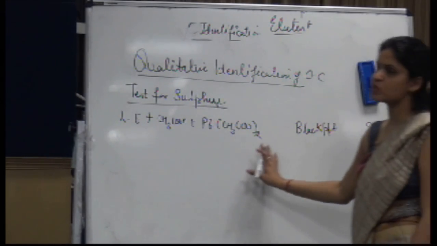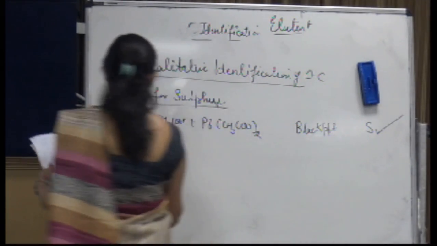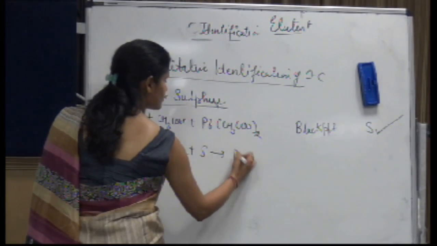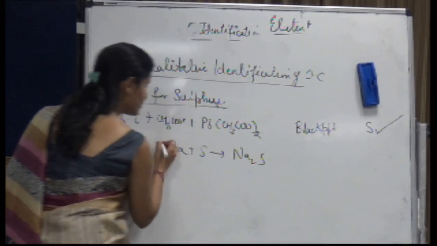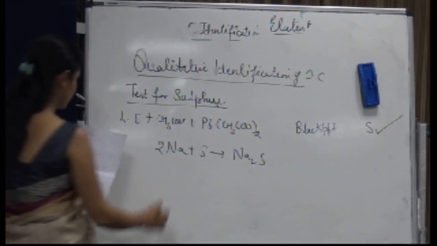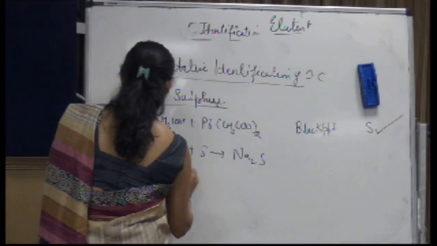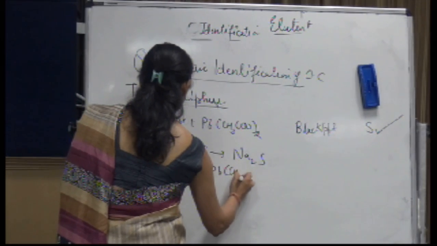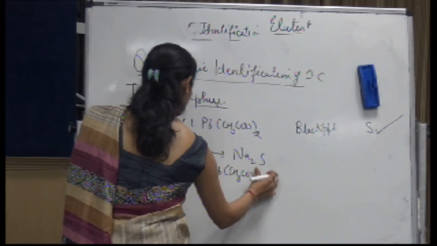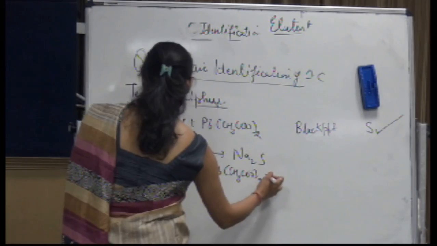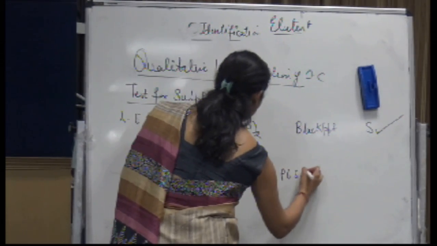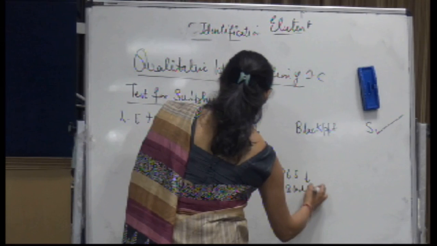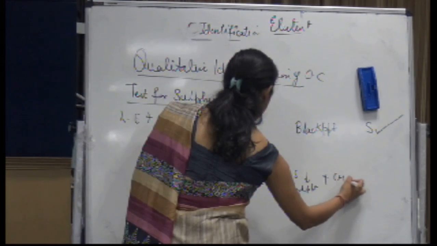What could be the possible reactions for this? Sodium plus sulphur would form sodium sulfide. Then this sodium sulfide would react with lead acetate to form lead sulfide, which is a black precipitate, plus CH3COONa.